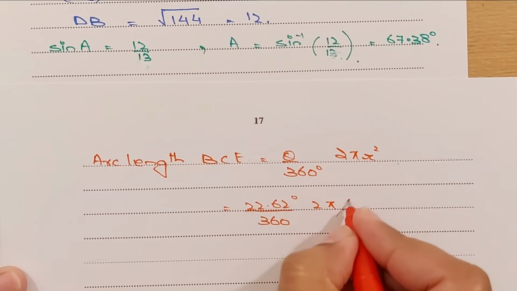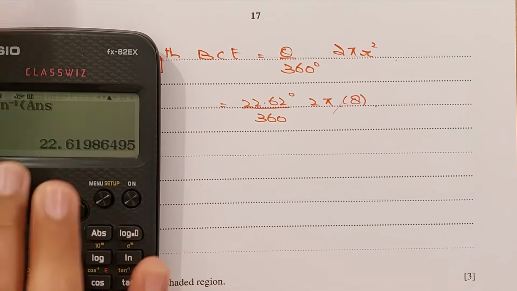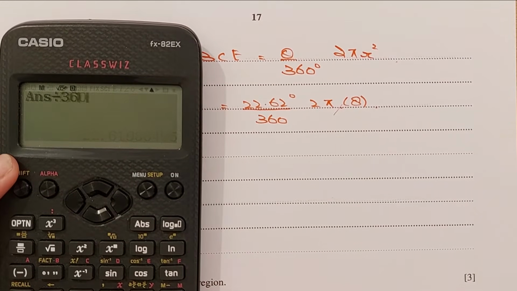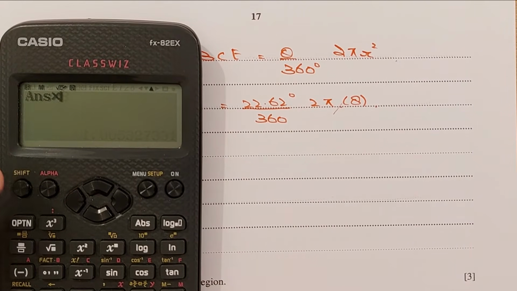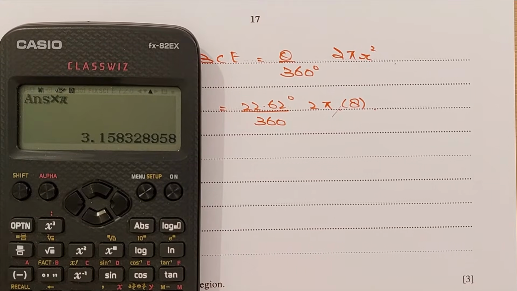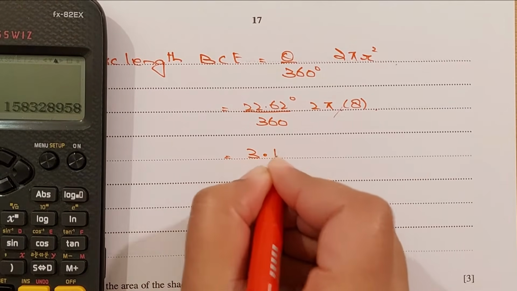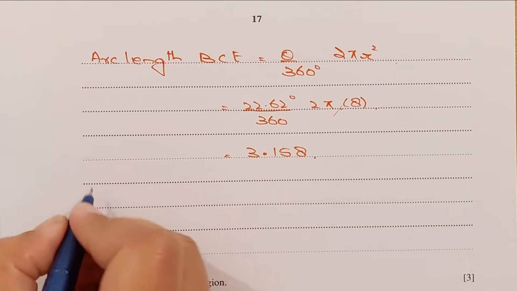Let me simplify this. We divide by 360 times 2 times 8 times pi, which gives 3.158. Right. Now let me find the perimeter of the shaded region.